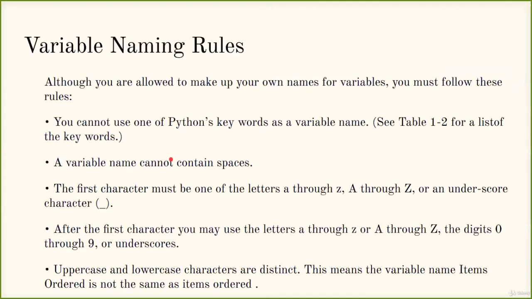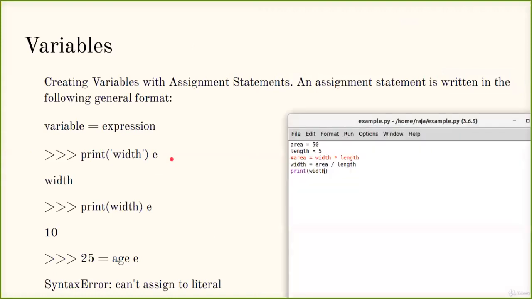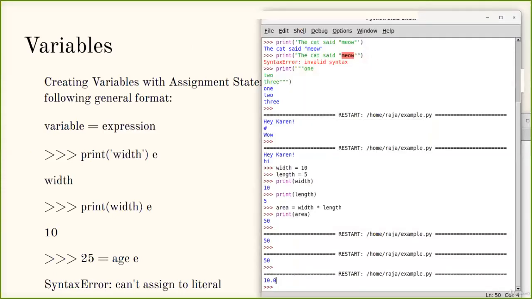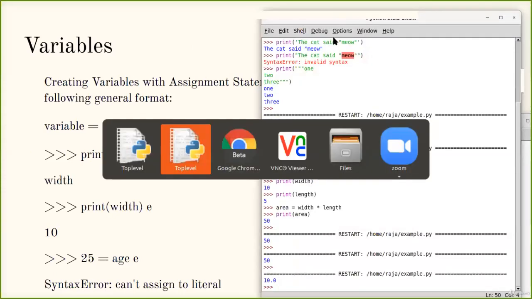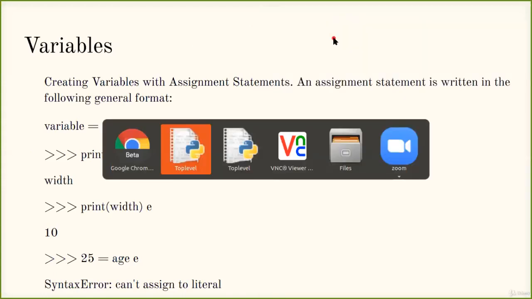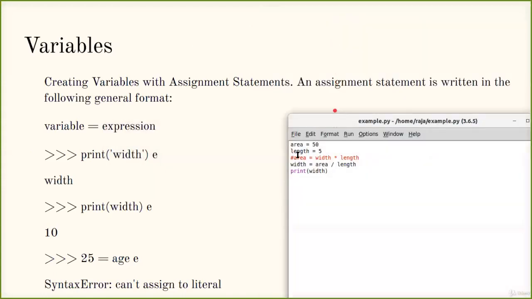Sir, you put the area is equal to width into length as a comment, right? Yeah. How does it matter if you don't put in a comment, it still won't show, right? You can uncomment it. Sir, can you explain how to do a comment one more time? Yes.